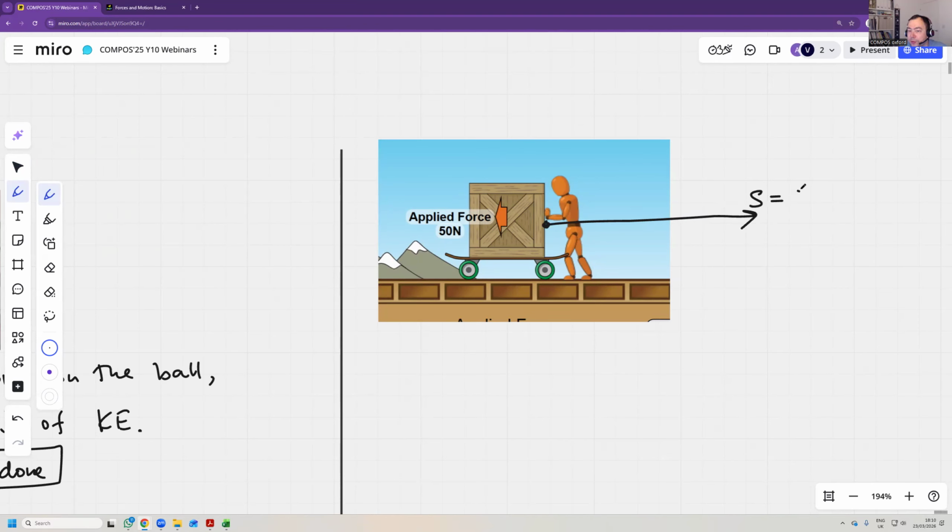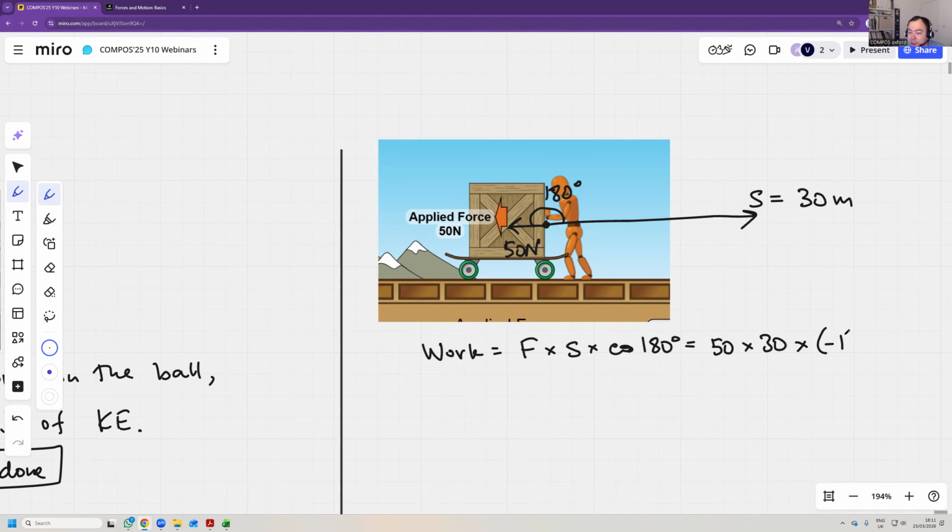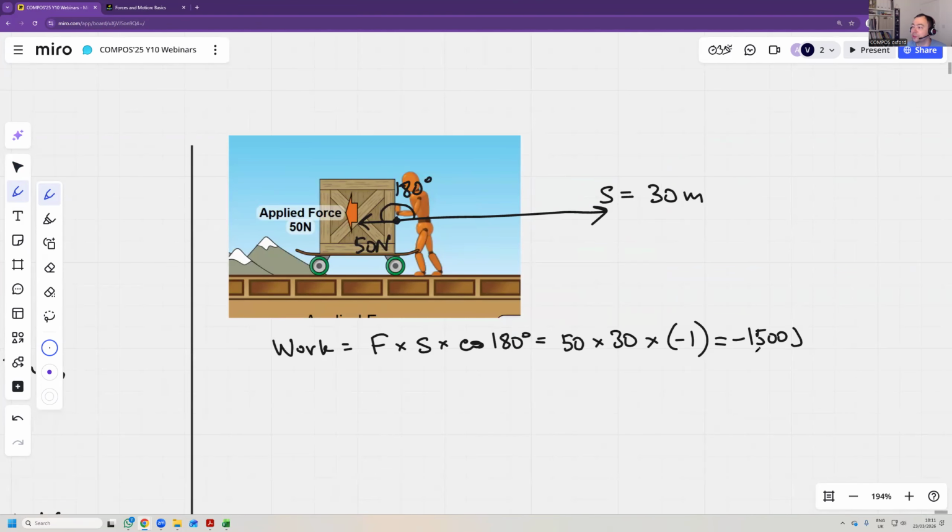Let's say the box moves 30 meters, and I'm pushing to the left with 50 newtons. The angle between the force and displacement is 180 degrees. So the work is force times displacement times cosine 180 degrees. That's 50 newtons times 30 times cosine 180, which is negative 1, so negative 1,500 joules.